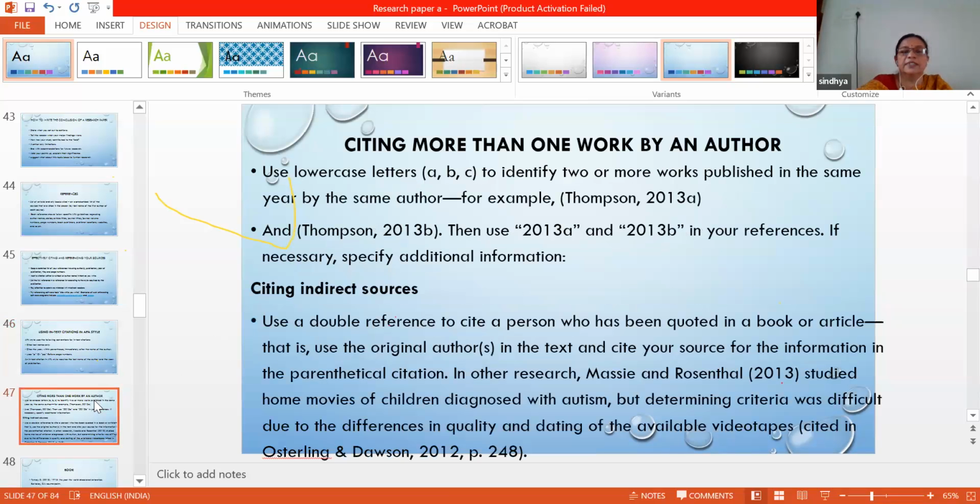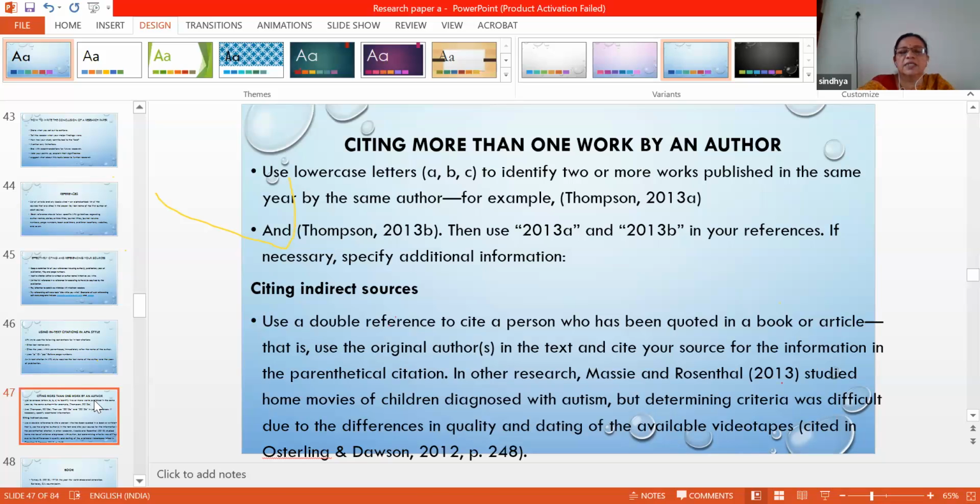And for citing more than one work by an author, you can use lowercase letters. You can highlight a, b, c to identify two or more works published by the same author. For example, if Thompson publishes three articles in the year 2013, you can mention a, b, c in the reference. For citing indirect sources, use a double reference.